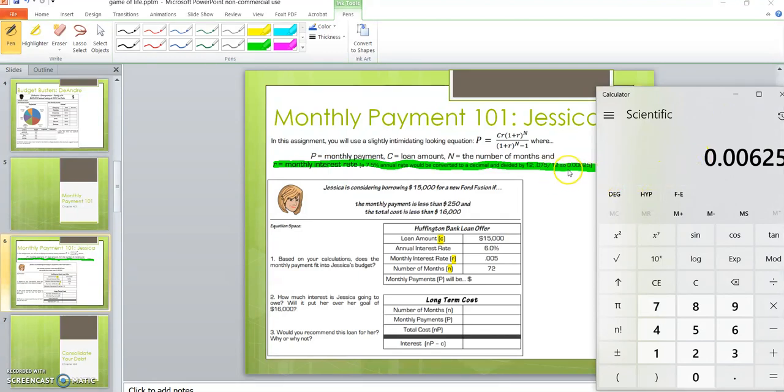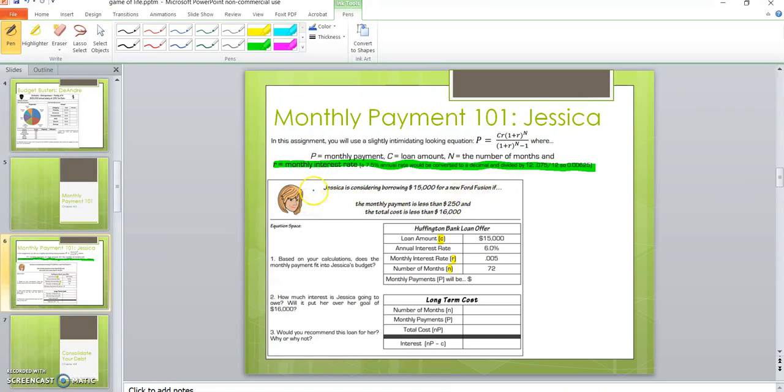You'll see that 0.00625 is the monthly interest rate if our annual rate is 7.5%. Now that's just an example. That's not to do with Jessica.